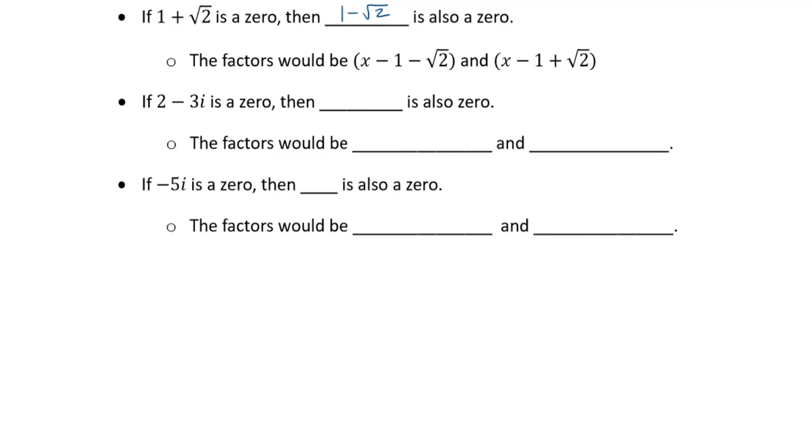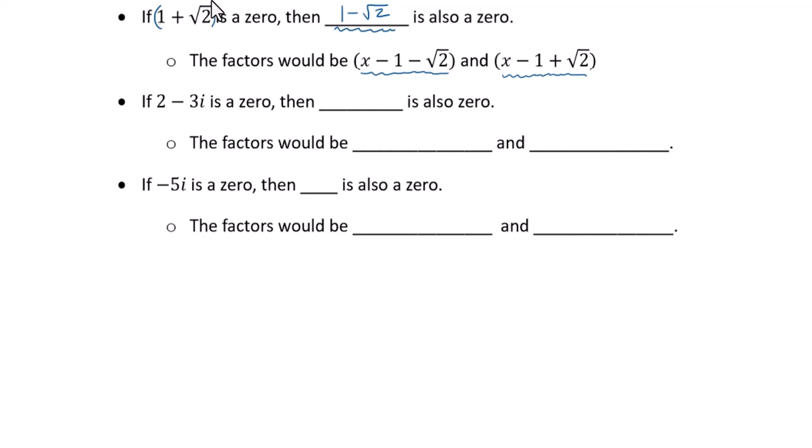Then the factors would be x minus all of this 1 plus square root 2. So it would be x minus 1 minus square root of 2. And x minus all of this would be x minus 1 plus the square root of 2.